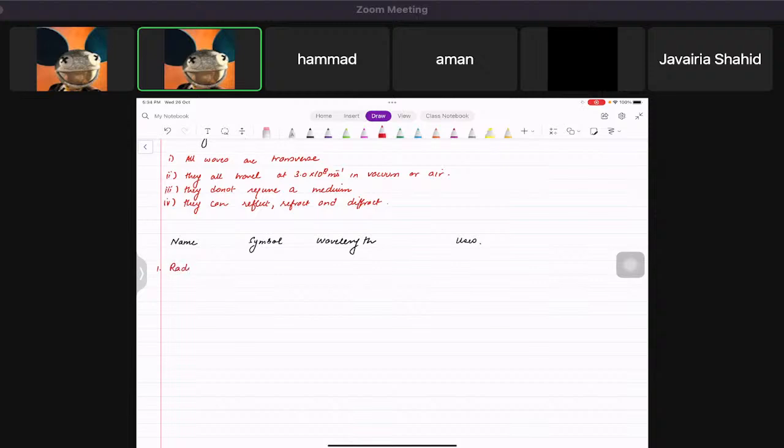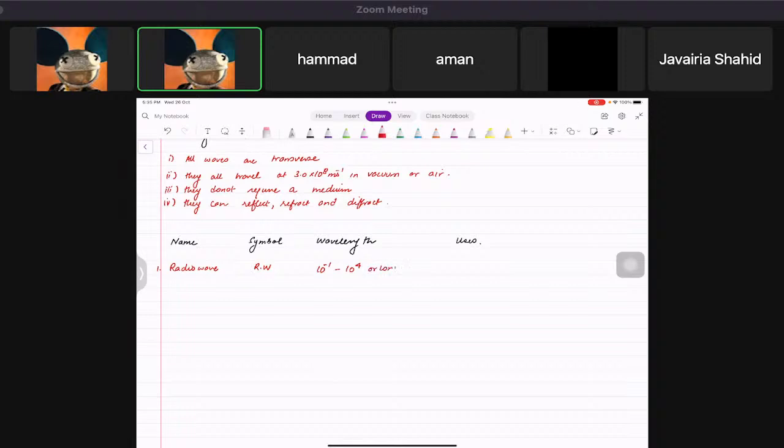So the first one that we got is radio wave. Radio wave, generally we write it as this. The wavelength of a radio wave is 10 raised to minus 1 to 10 raised to 4, or longer.